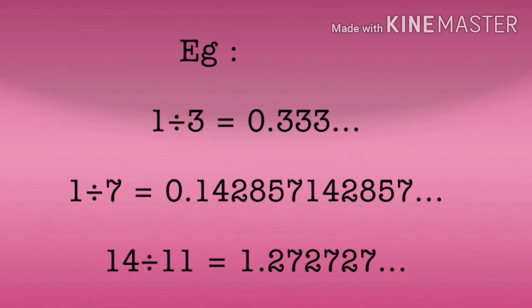Now this example, we already discussed: 1 divided by 3 gives 0.333, etc. Then what about 1 divided by 7? Divide 1 by 7. Your answer is 0.142857, 142857.